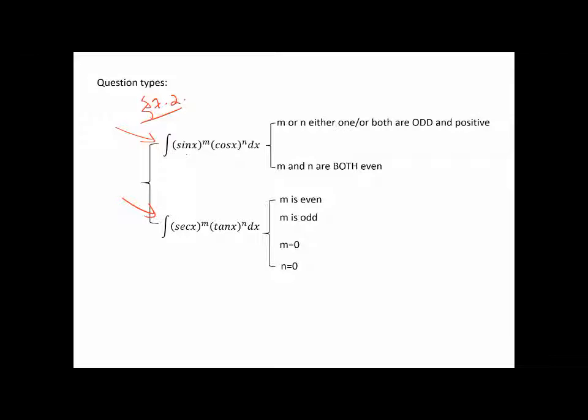We want to pay attention: sin x always comes with cosine x, and secant always comes with tangent. You don't want to mix things up. We are here in the first type.